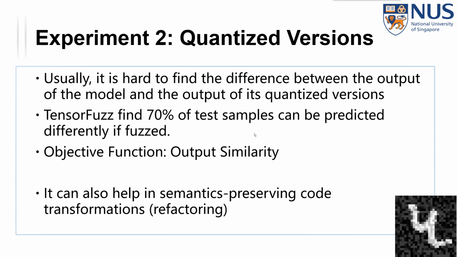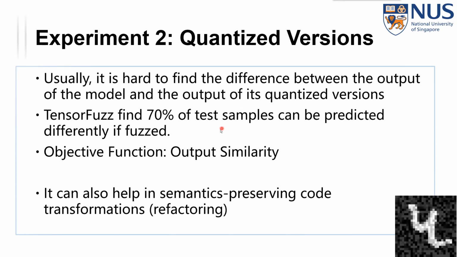For experiment 2, I have explained that usually it is kind of hard to find differences between the output of the model and the output of its quantized versions. TensorFuzz found that 17% of test samples can be predicted differently if fuzzed.